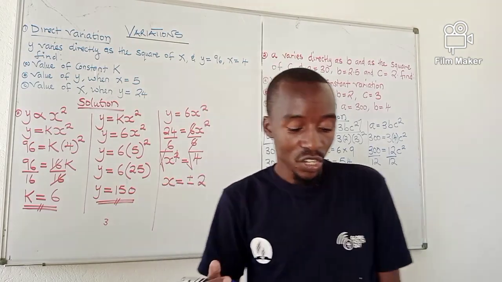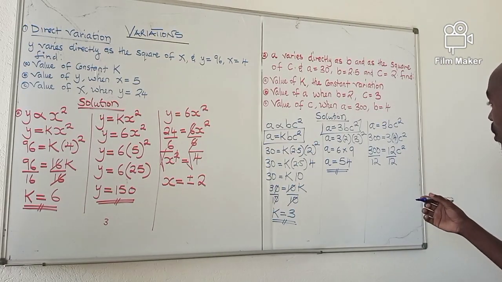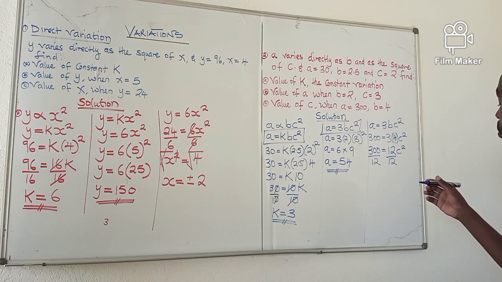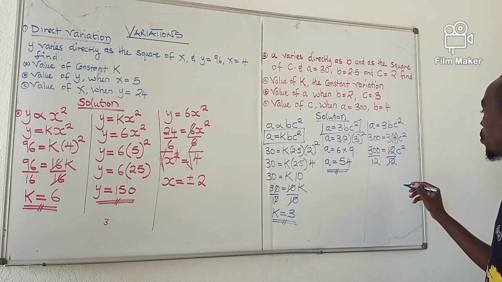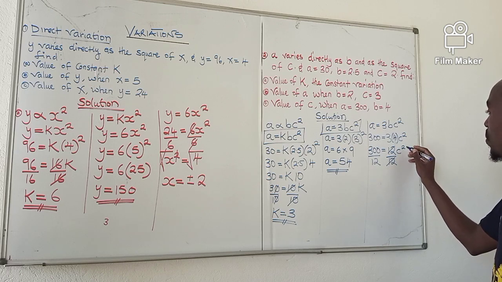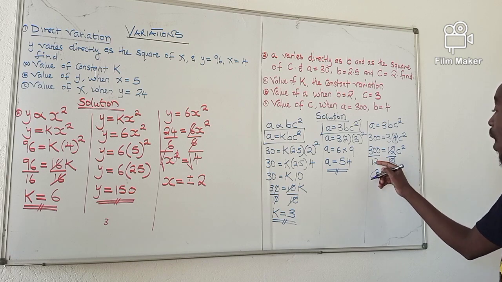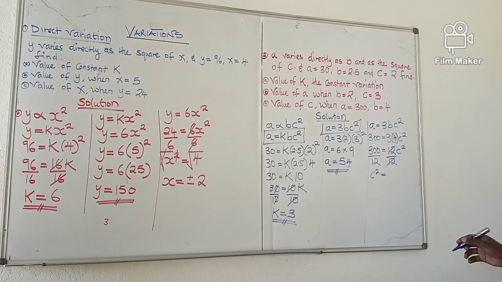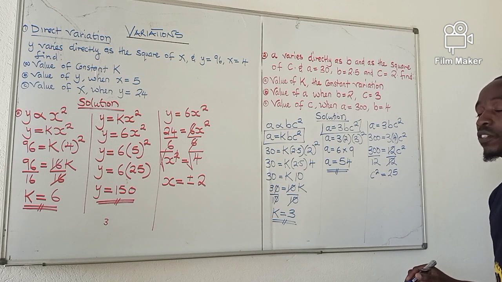I hope that you are following what we are doing there. From there, 12 here and 12 there will cancel each other, meaning that you're going to remain with c squared, which will be equal to, how many times does 12 go into 300? It gives us a 25.